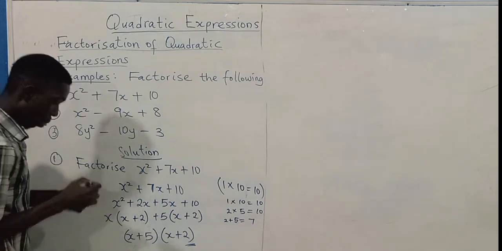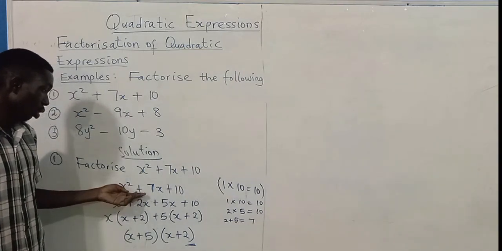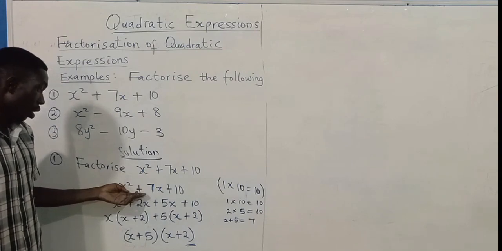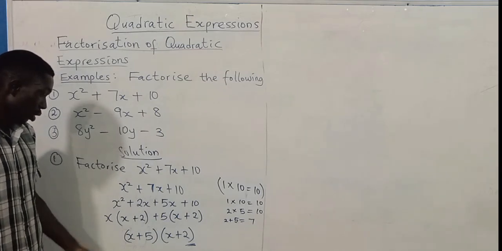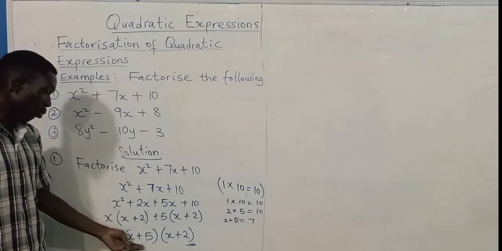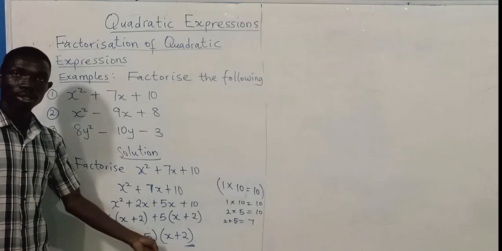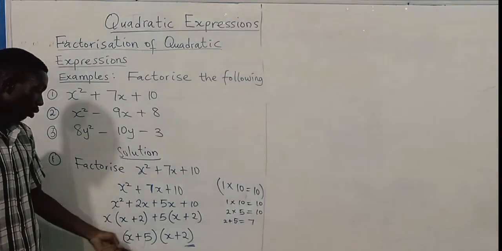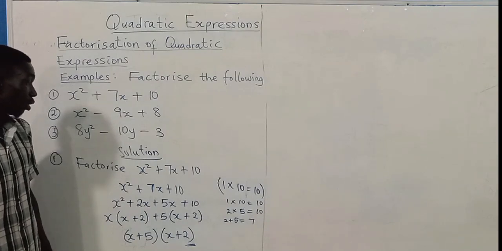So this becomes the solution to this quadratic expression. You see, it has been expressed as a product of two binomial expressions.